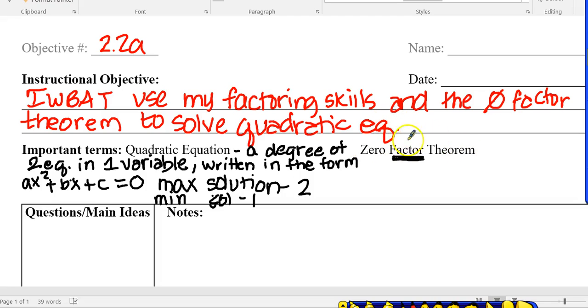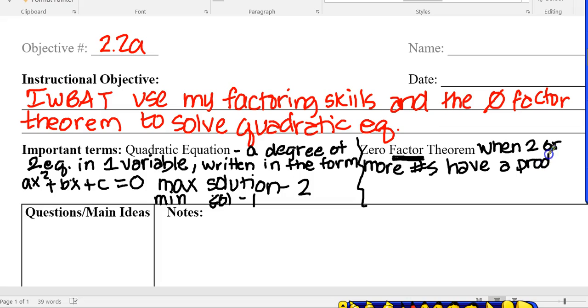So the zero factor theorem says this: when two or more numbers have a product of 0, at least one number is 0.